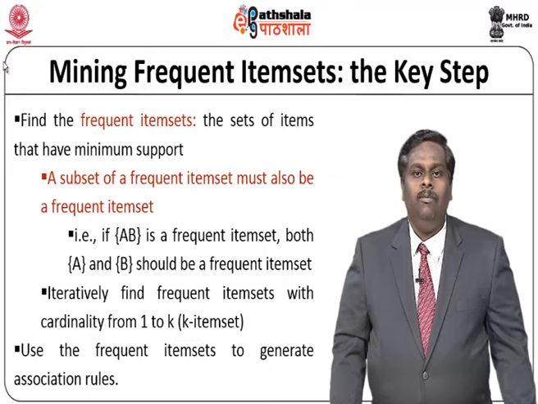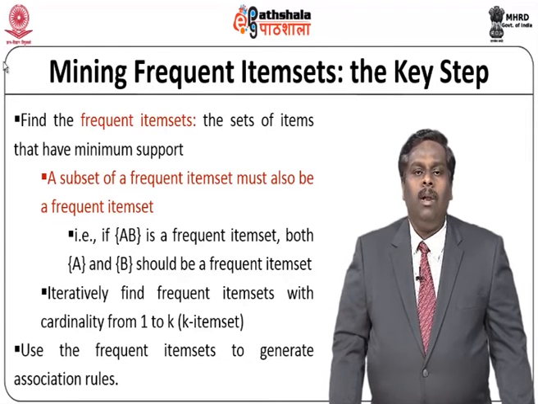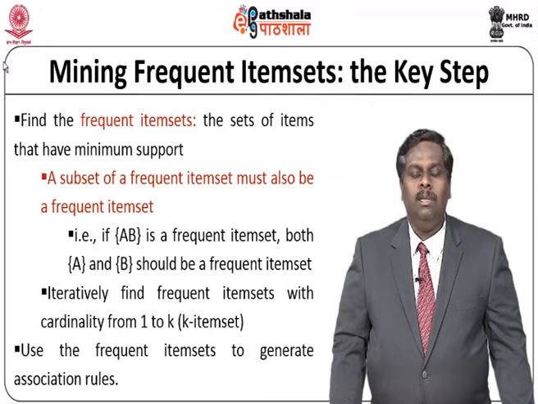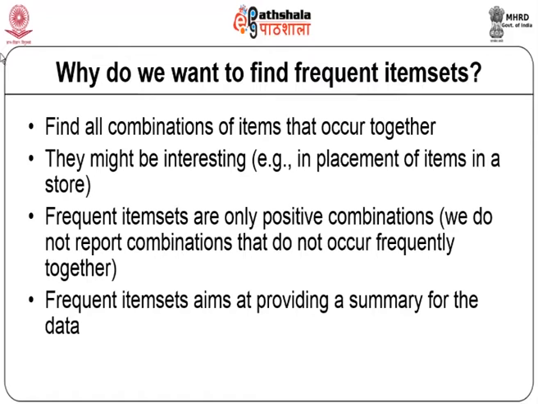Suppose I fix the support to be 50%, then I will have to identify all those items that satisfy this minimum probability value. Ultimately we are trying to identify such item sets that satisfy the minimum support count, and we treat those to be the frequent item sets. The frequent item sets are then used for generating association rules.